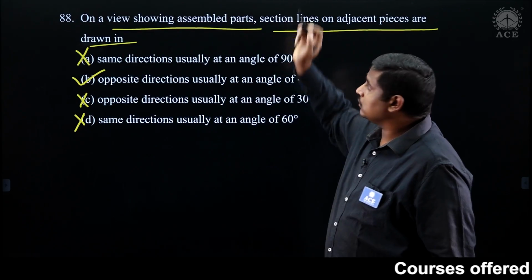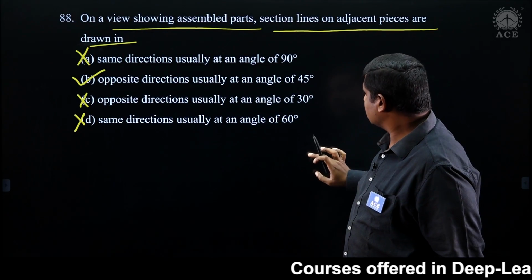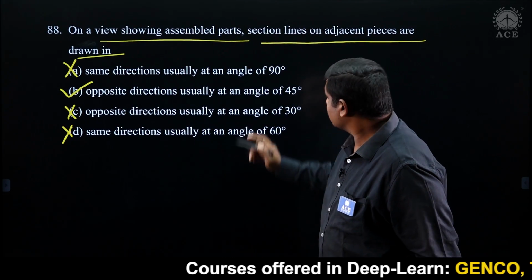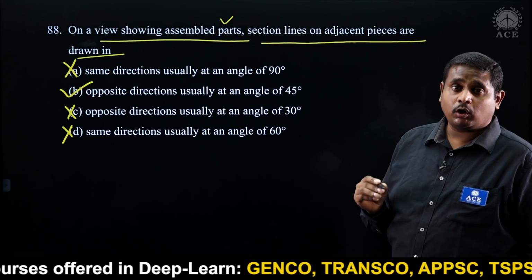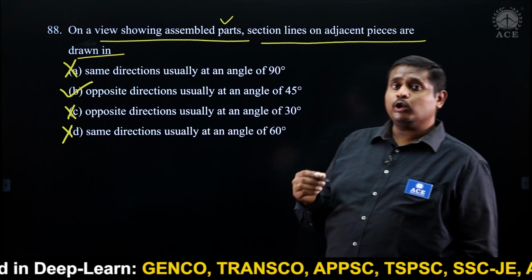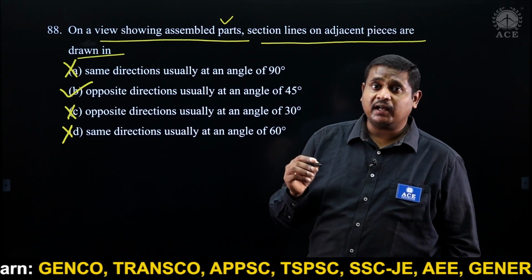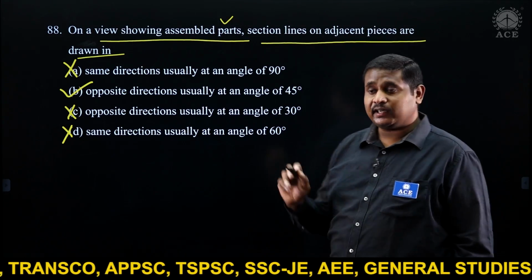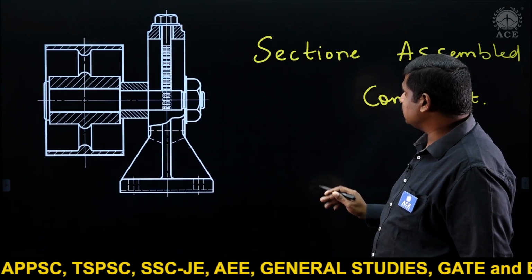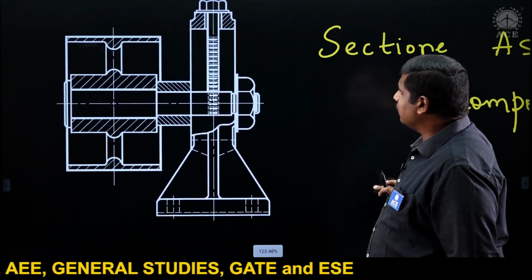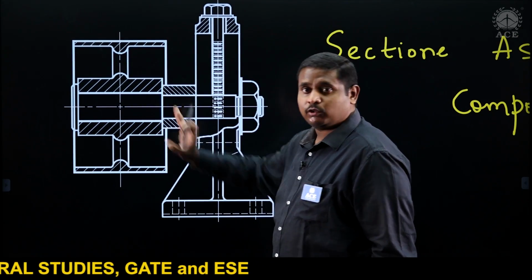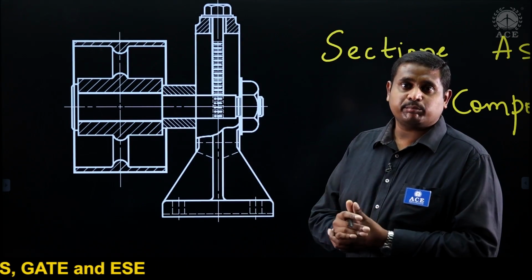In assembled drawings, section lines are drawn at an angle of 45 degrees and they are opposite in direction. Let us see by using the graphical representation. Now observe the screen, my dears, carefully. These are adjacent pieces of an assembled drawing, my dears.